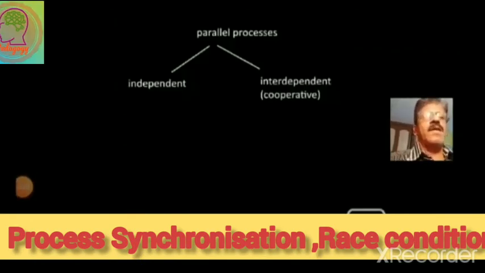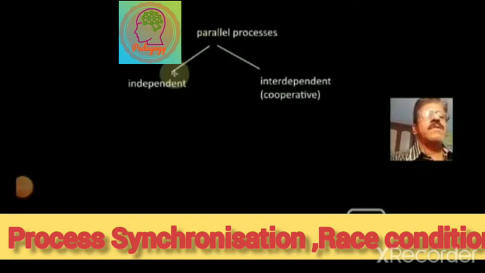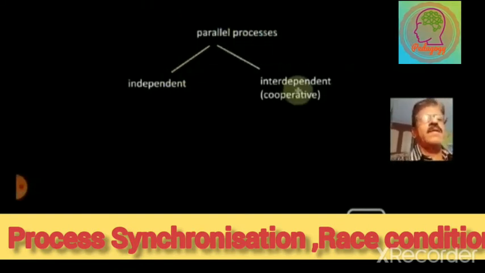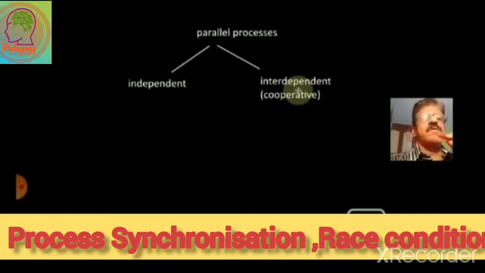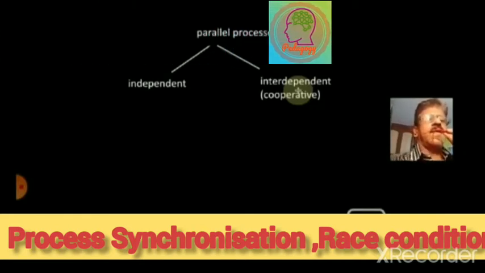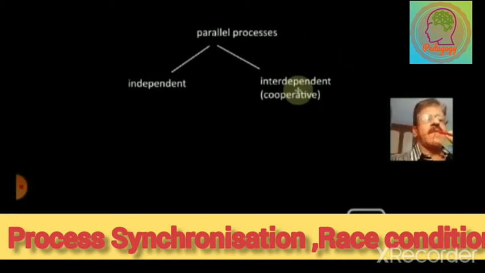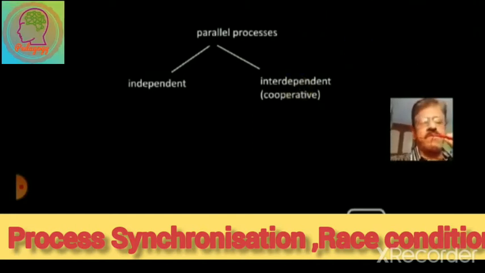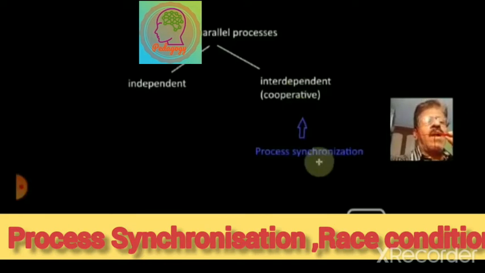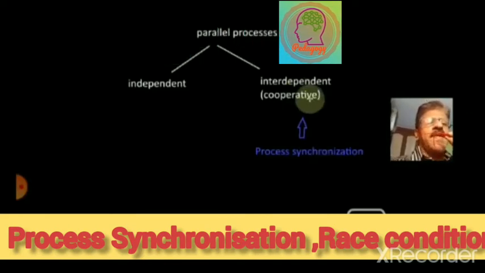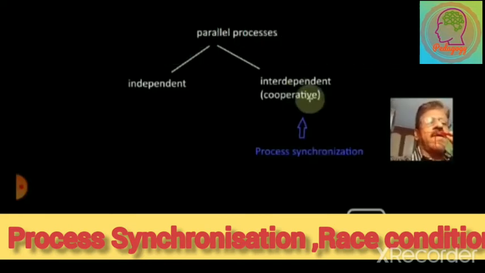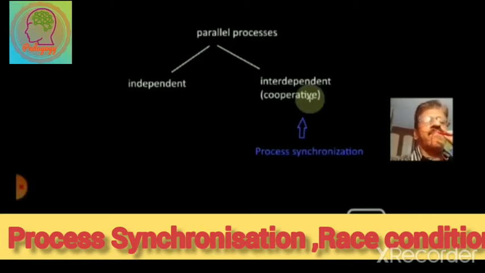We are discussing process synchronization. We know that there are two kinds of process. One is independent process and another is interdependent, that means cooperative process. Cooperative processes only require process synchronization.